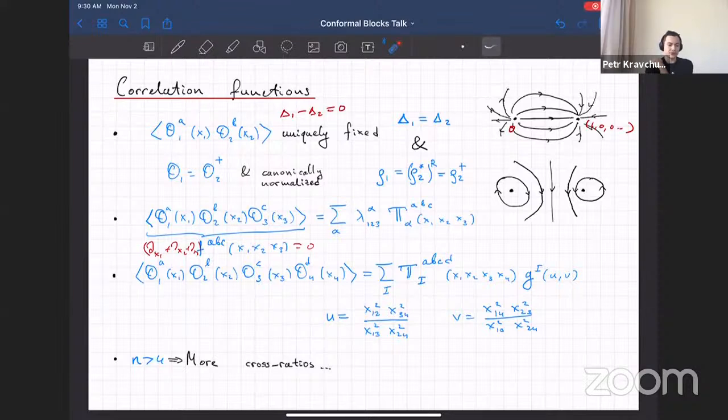But for now, it's just that there is a finite dimensional space of conformally invariant three-point functions, and this labels just some basis elements in this space. So it will just go from 1 to some number, let's say. You can come up with some representation theory interpretation for this, and I'll probably come back to this later in the talk, but for now it's not important.